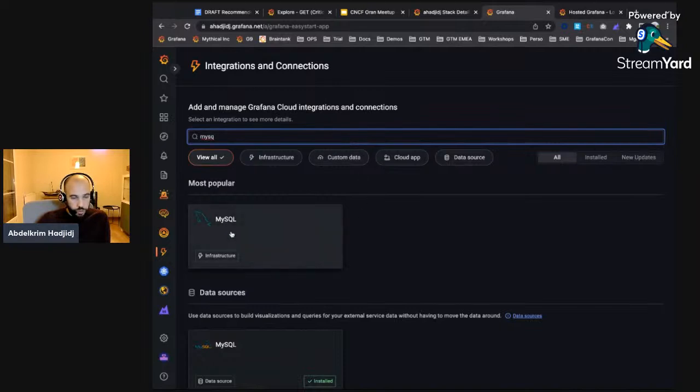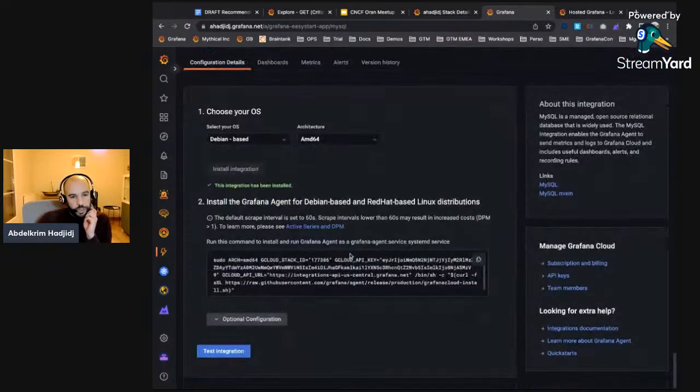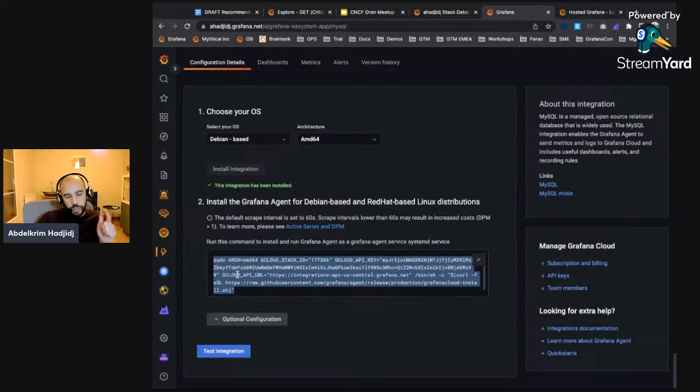You can search for MySQL here. You select the OS that it's running on. And what this integration does is it gives you the configuration you need to run to download the agent, configure it, and it will start sending the data to the cloud.